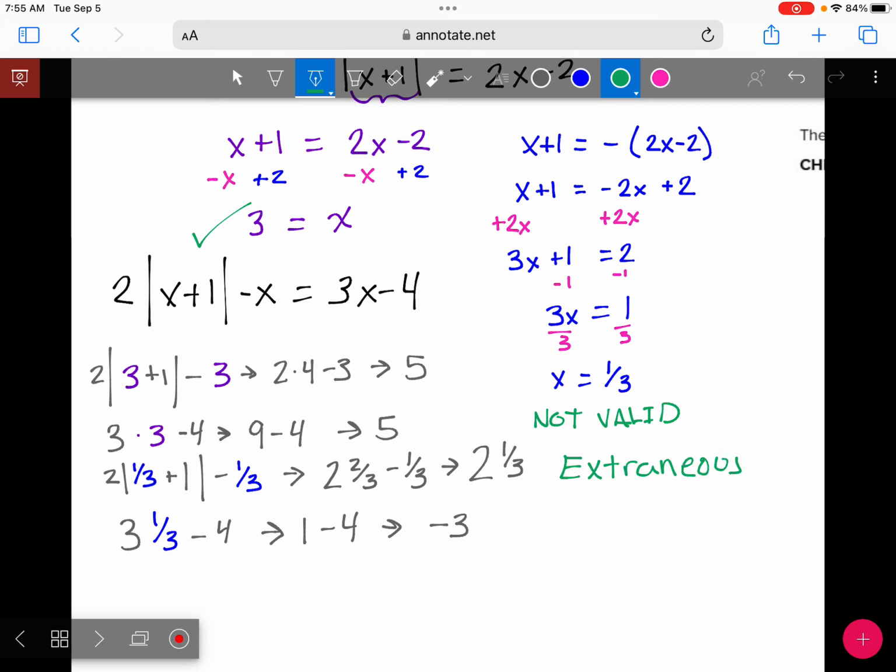Extraneous is going to be a word we use all year. It's when we do all this work and we get a solution that's not really a solution. And I'm okay if you write "so extra" instead of extraneous. That's totally okay.